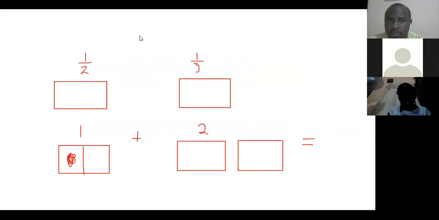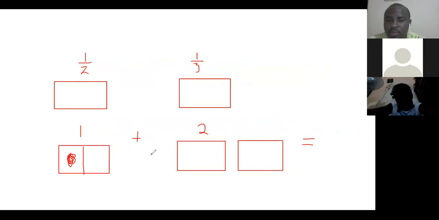A fraction. Which is a what? When you have 2 numbers, the numerator and denominator. Okay, and so this is an equal part of a whole, right? Yes, sir. Okay, good. Now, can we add these two things together?